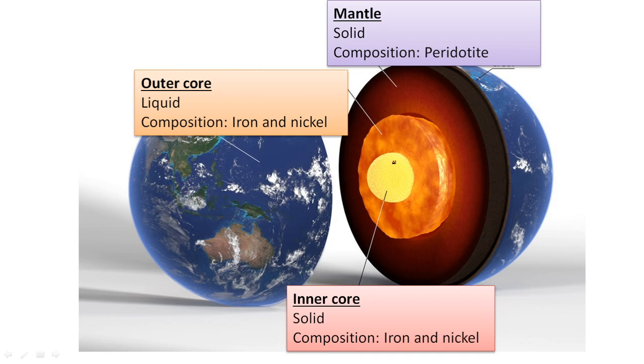So imagine that the core is like a big ball of molten rocks with a sphere, a solid metallic sphere in the center. Es como una gran bola de roca fundida, que sería el núcleo externo, y en el interior una gran bola de acero, de metal, de hierro y níquel sólida en el interior.